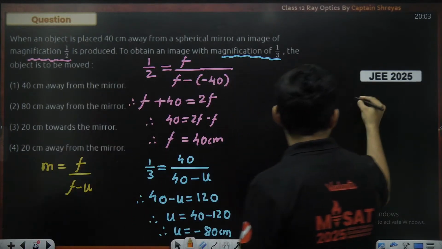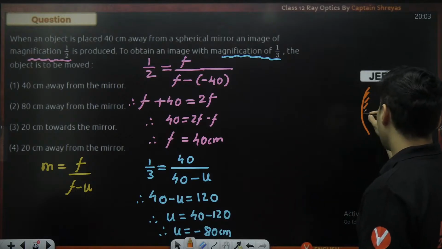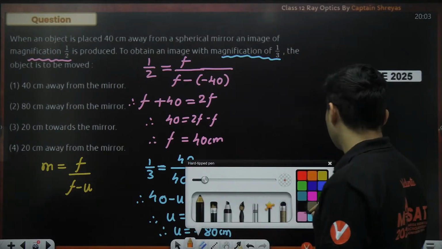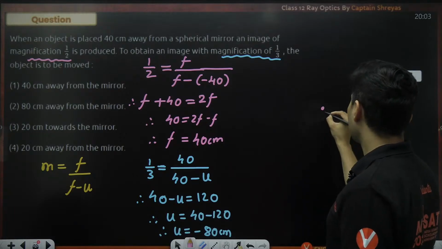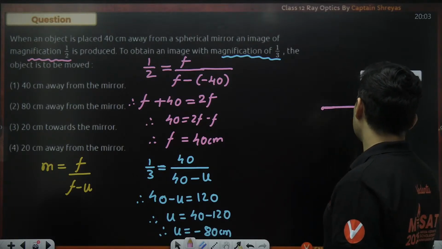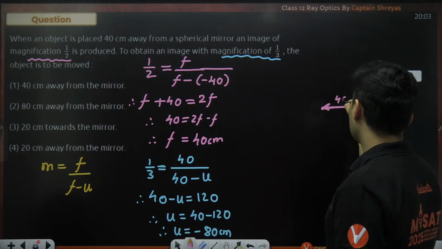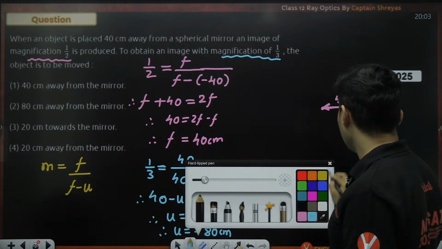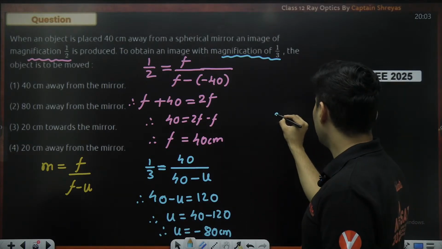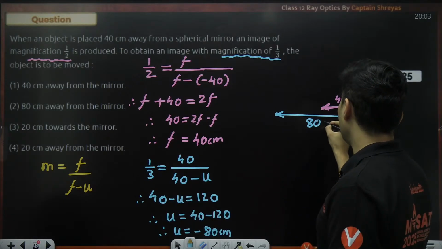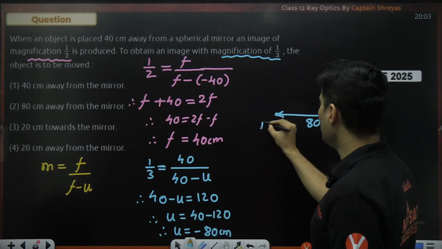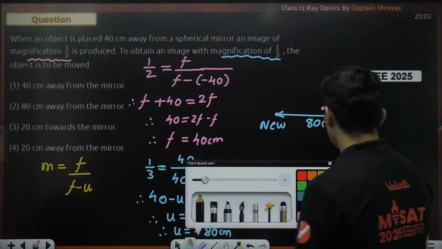So what this means is, this is your mirror. In the first scenario, object was at minus 40 centimeters. In the second case, the object is at minus 80 centimeters. This is the new position.